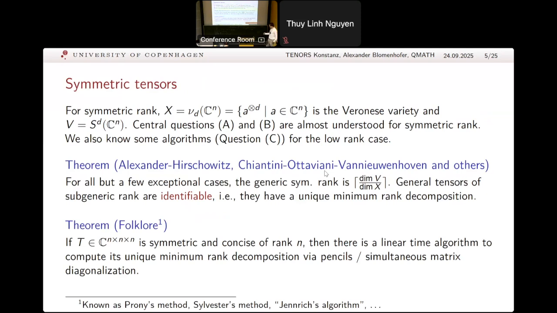And on the side of algorithms, we also know a funny thing. We know that if we have a symmetric tensor, which is concise and of rank at most n. Now that's an actual restriction, because what is the generic rank for symmetric three-tensors? Well, if you take the formula here, this is n plus 2 choose 3 over n, right?